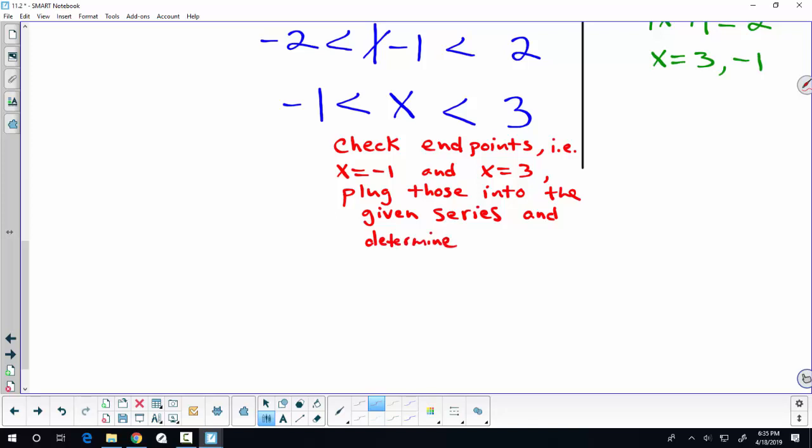So plug those into the original series and determine if the corresponding series converges or diverges. That's what we mean when we say test the endpoints.